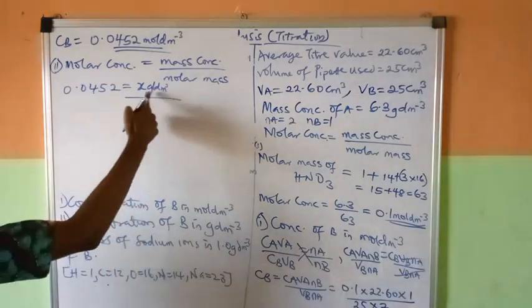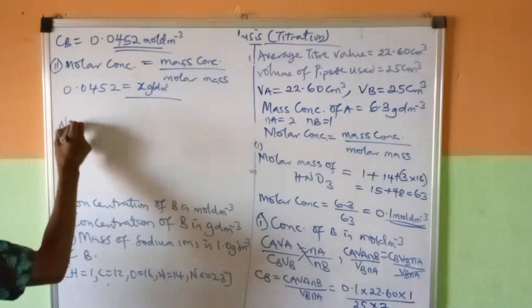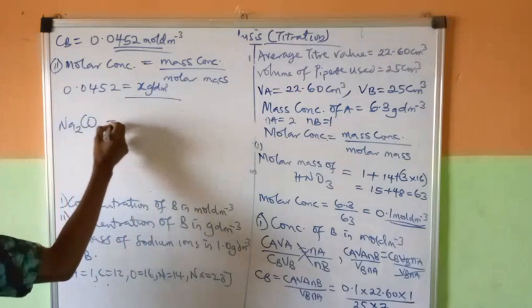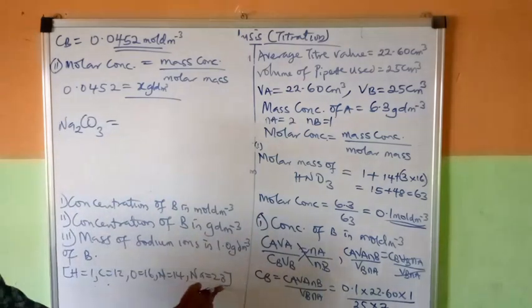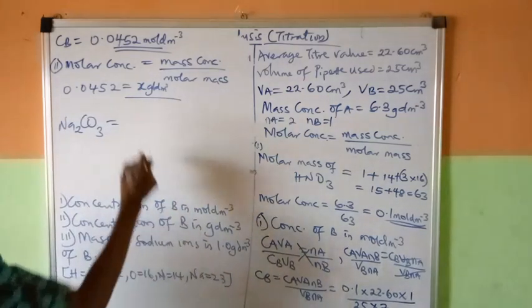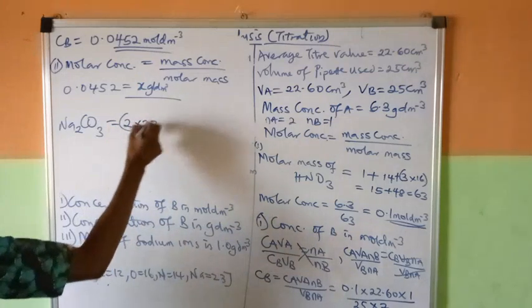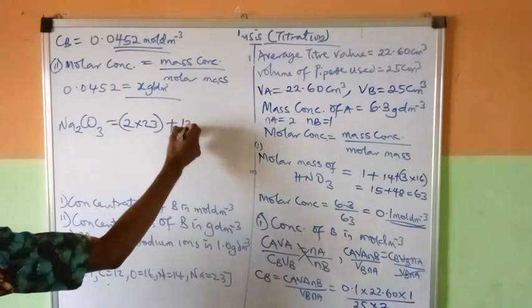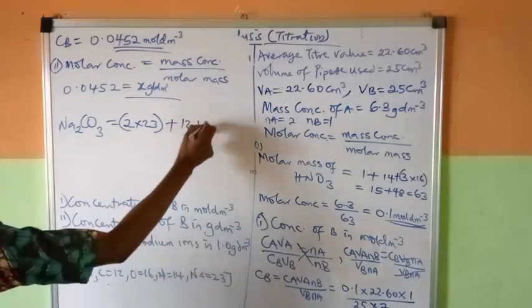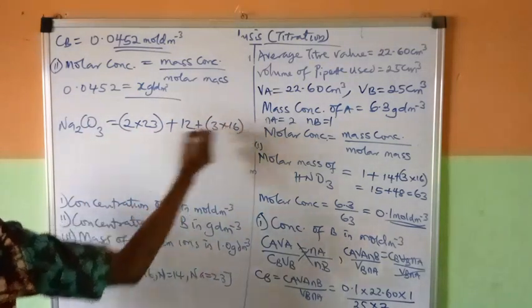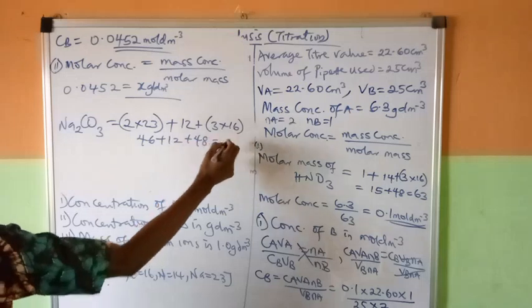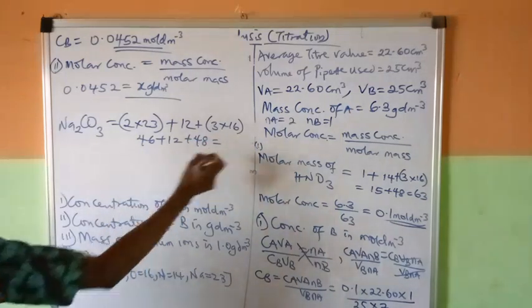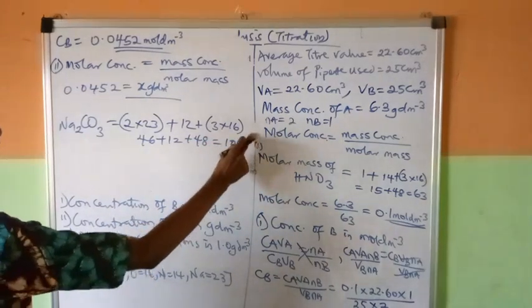So let's quickly calculate the molar mass. Na2CO3. Sodium is 2 moles of sodium here, and the molar mass of sodium is 23. So you are going to have 2 times 23 plus carbon is 12, plus oxygen is 3 times 16. So this is 46 plus 12 plus 48, and that is going to give you 106.